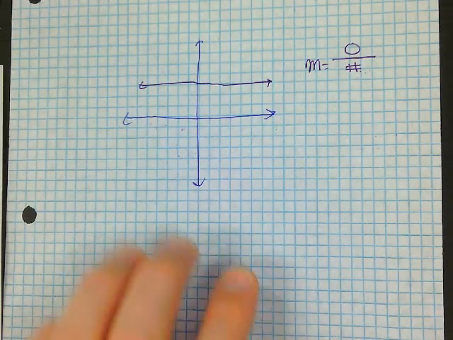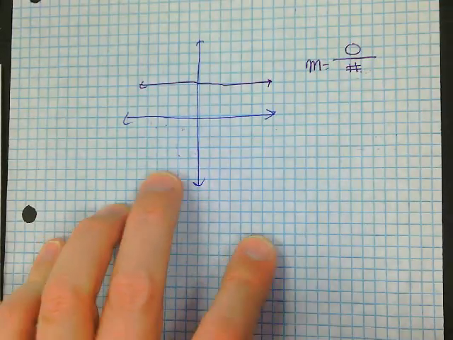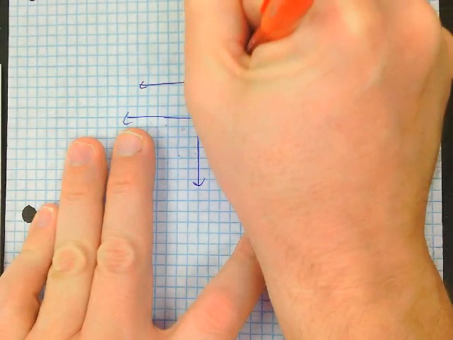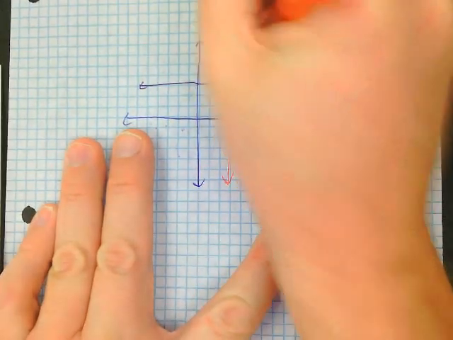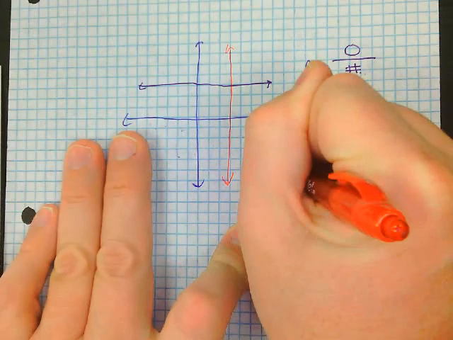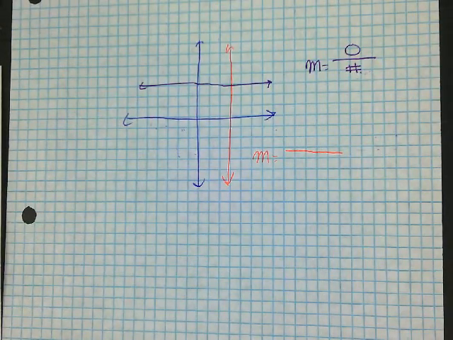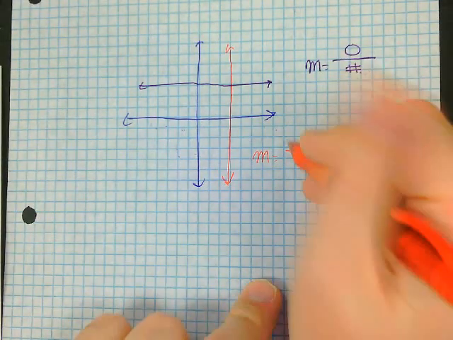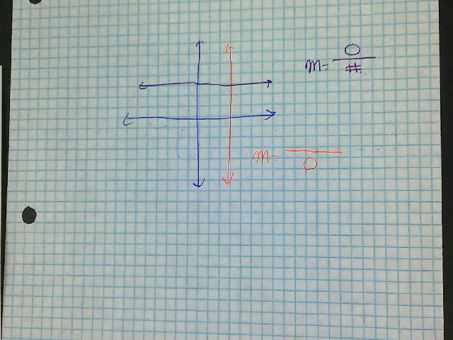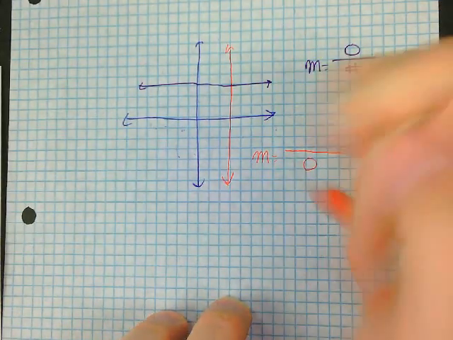Now, let me ask you this. What would the slope of my red line look like if I put it as a number? What would the bottom number be, do you think? 0. Why? Because think about what divide means.